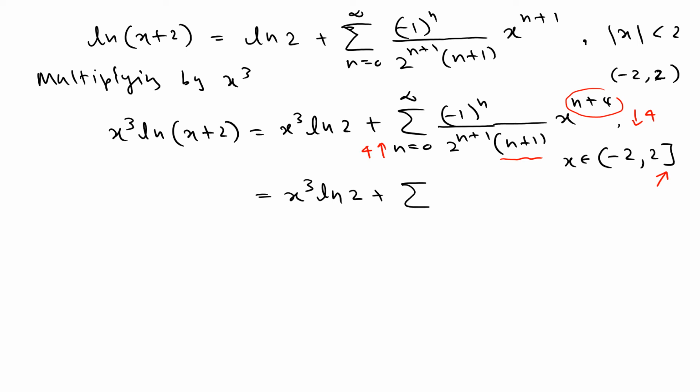So you get n equals 4 to infinity. And 4 is an even number, so I'm not going to change the sign term, negative 1 to the n, because it does not change. But here you go down by 4, which means 2 to the n minus 3 because you subtract 4, and then also we have n minus 3, but this is x to the n. So that's the interesting part. Okay, so that's the final answer using a new index with an x to the n term. That's not necessary, but you can do it if you want.